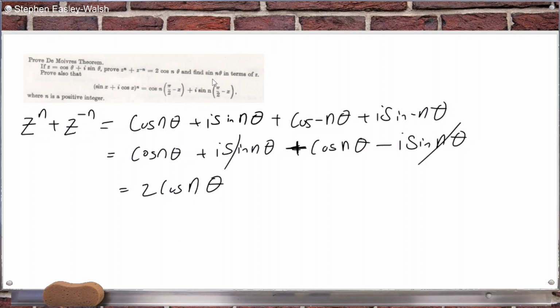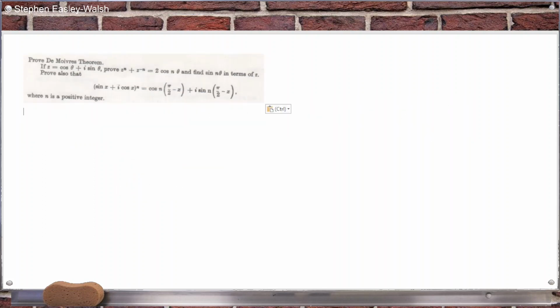Now, the third part is we want to do something similar. We want to find sine. So if you look at what's happened here, you can see that with just a change of the signs, we might be able to get it. So if you look here, z^n minus z^(-n), I think if we divide that by 2, that should be it.